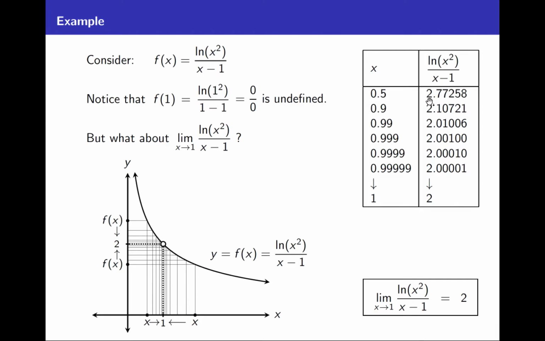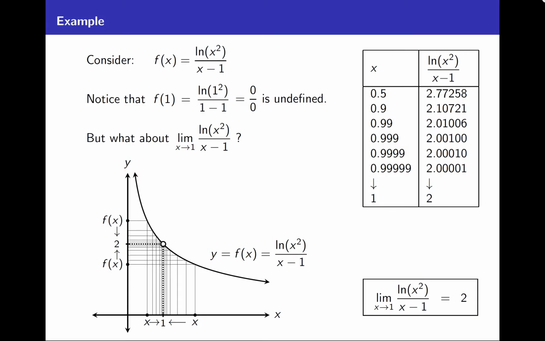And they start out at 2.77, a little bit bigger than 2. And as x gets closer and closer to 1, these y values, you can see they appear to be getting closer and closer to 2. So that's numeric evidence for the fact that as x approaches 1, f of x approaches 2. That the limit as x approaches 1 of f of x equals 2.